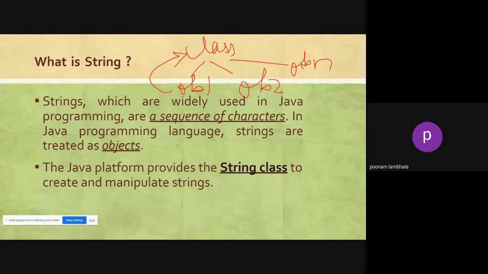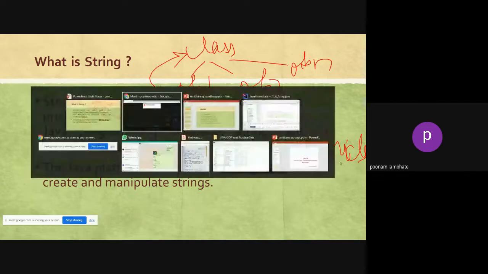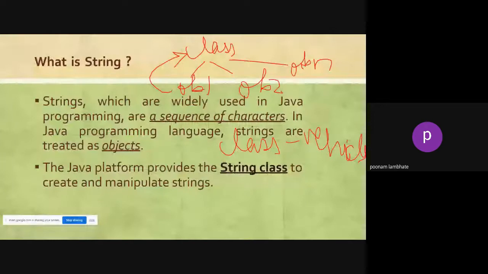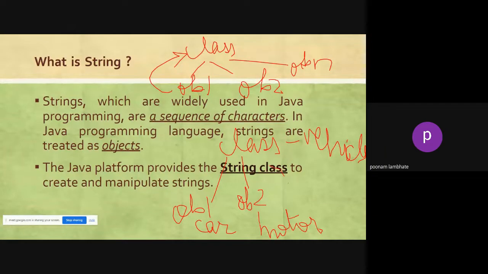For example, suppose this class stands for all vehicles, representing all characteristics of all vehicles. If I want to specify only the characteristics of a car, which is also a vehicle, then it is object 1. So object 1 is nothing but a car. Similarly, object 2 will be a motorcycle, and object 3 will be a truck.